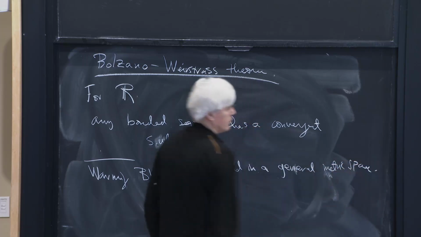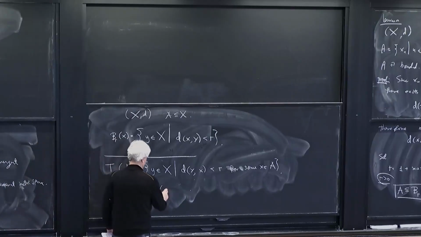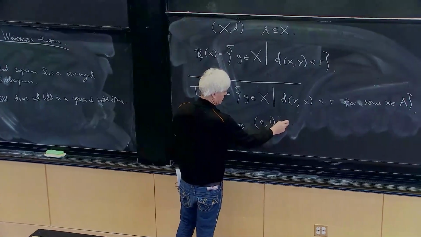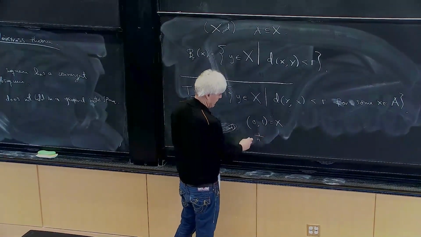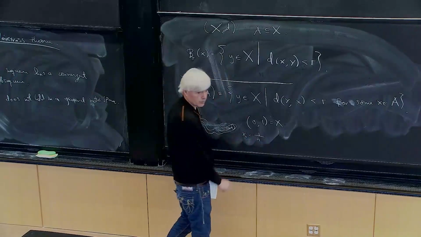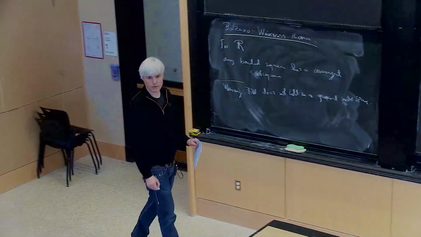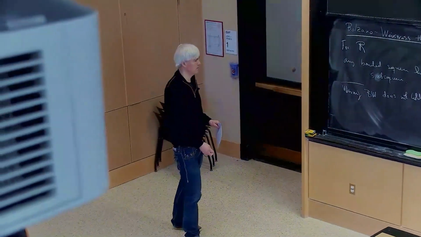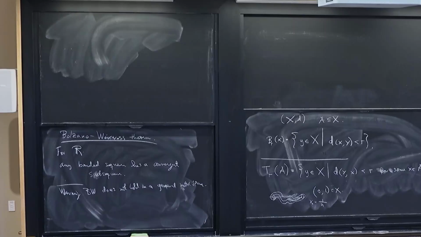And in fact, of course, the example that we looked at, where the example was X here, like this, and where we're looking at that sequence, this is a bounded sequence, but it doesn't have a convergent subsequence. It's actually a Cauchy sequence, but it doesn't have one. So it doesn't hold in a general metric space.